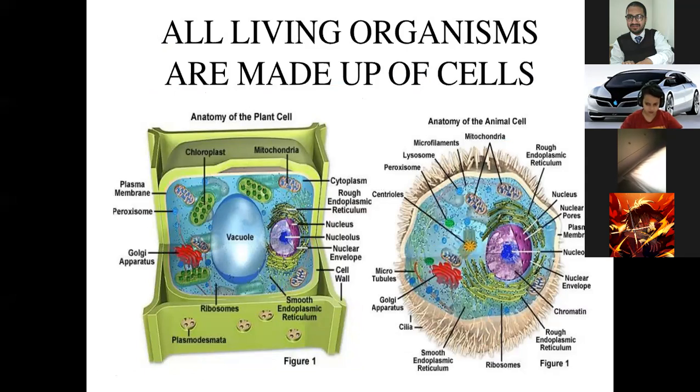You can easily find a cell wall in the plant cell, but in an animal cell you never find a cell wall. Understand, my dear? These are a couple of differences, but there are many others that, inshallah, we will discuss and study in the higher grades.